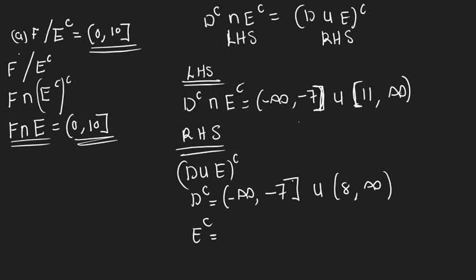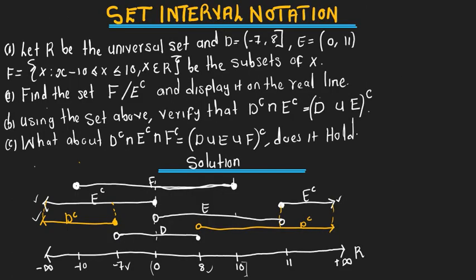Then E complement is a set which is going to come from, E complement is coming from negative 11. Sorry, it's coming from positive 11.